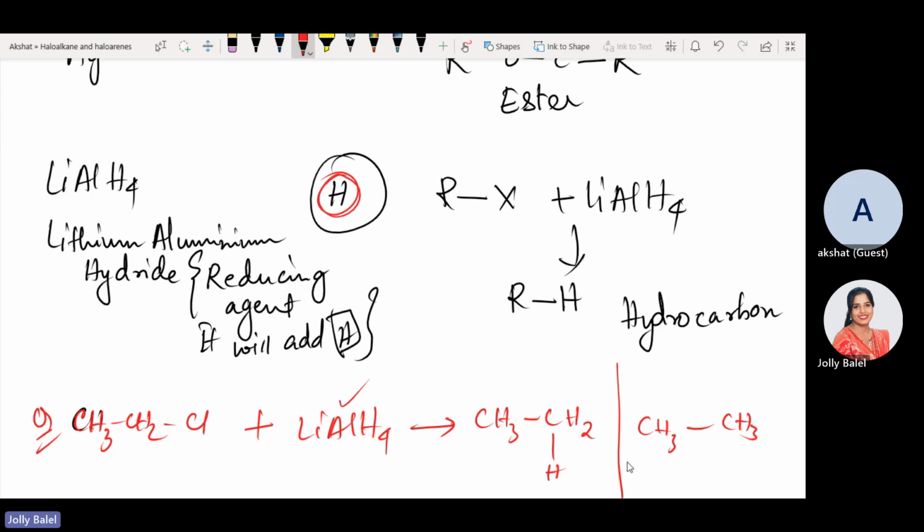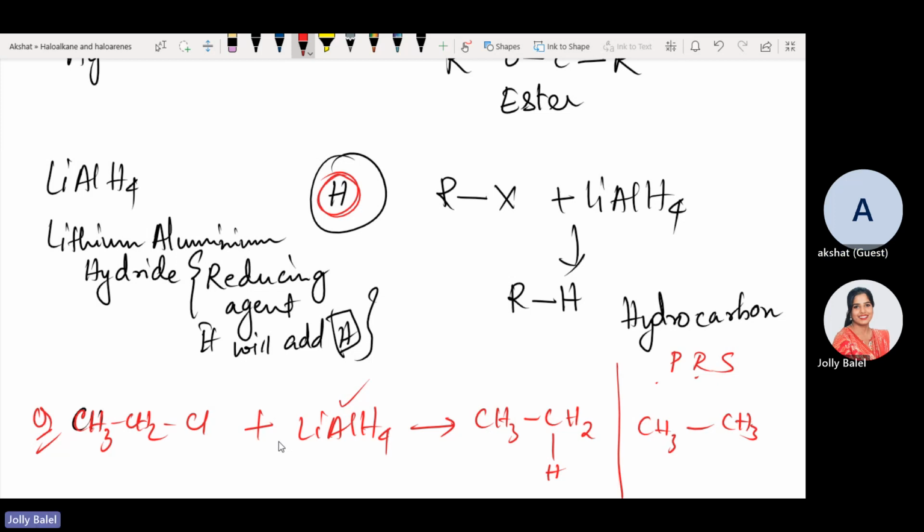Can you name this compound? Dimethyl. Okay, let's go again to the PRS: prefix, root word, suffix. Is there any prefix? No. How many carbons are there? 2.